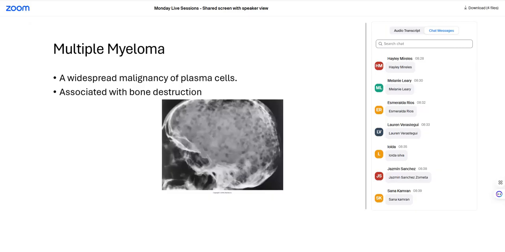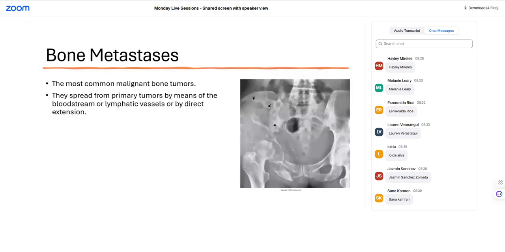Multiple myeloma. This is a widespread malignancy of plasma cells, and you can see here it destroys the bone. All this bone destruction in this skull is from the multiple myeloma. Bone metastasis.